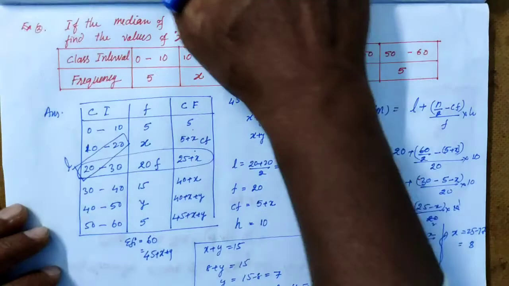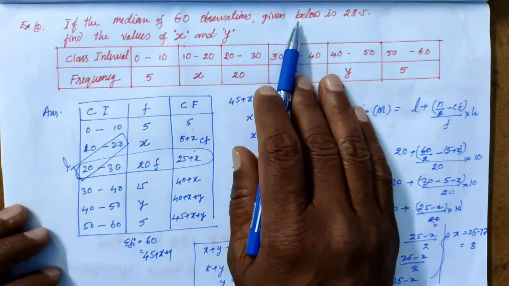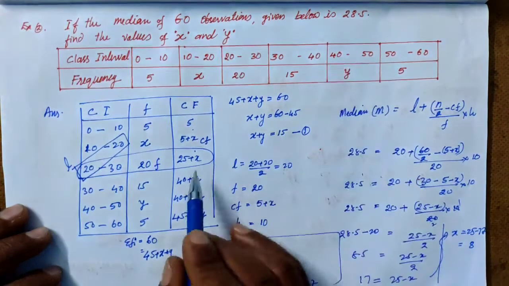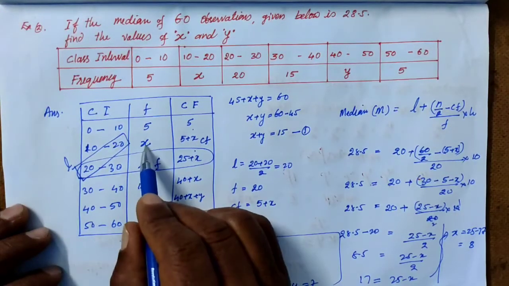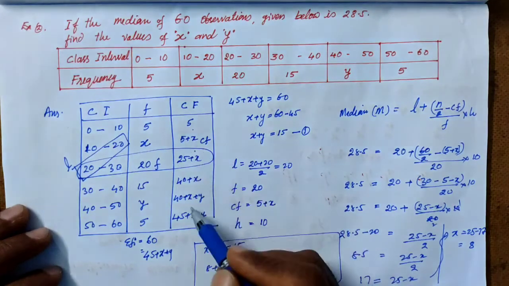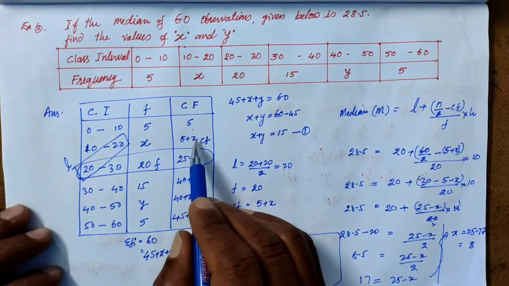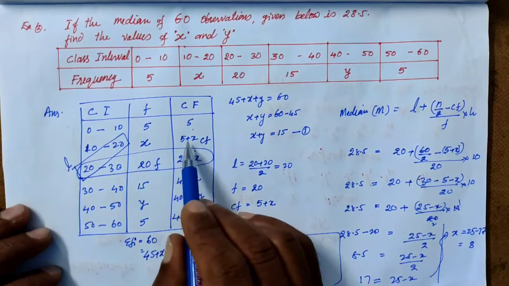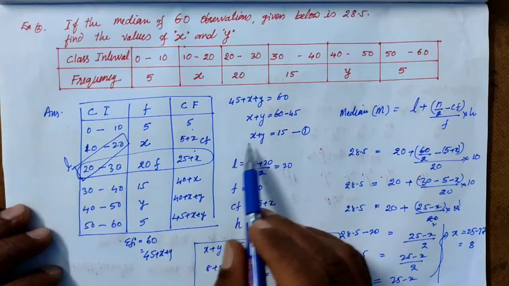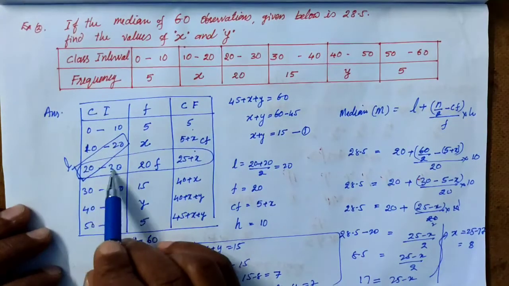Similarly here also: the median of the 60 observations given below is 28.5. In this we don't know the frequency of x, but if you find the cumulative frequencies, we get 5 plus x, and adding these we get 25 plus x. Here 28.5 is between these two.